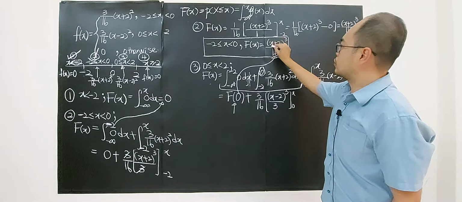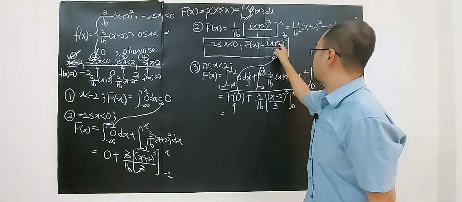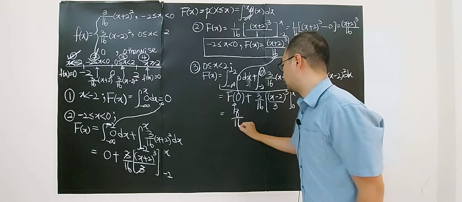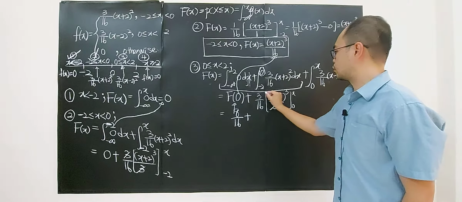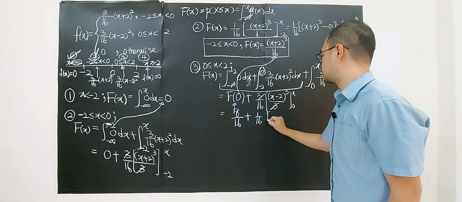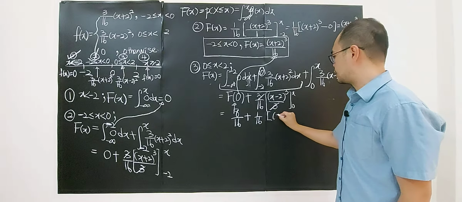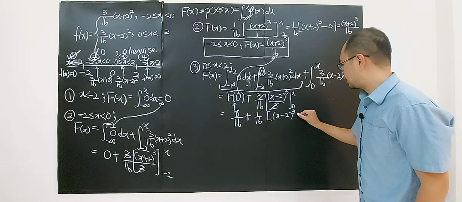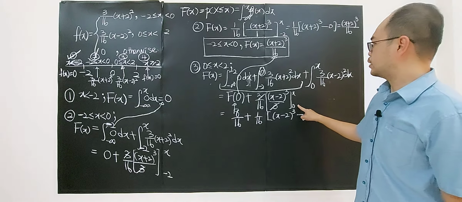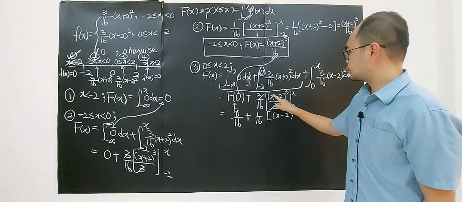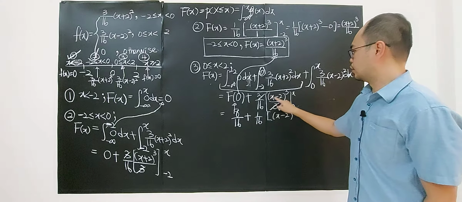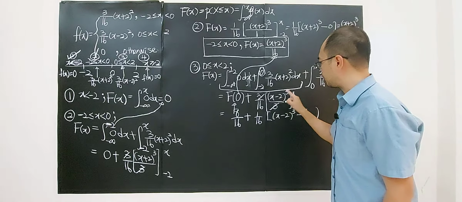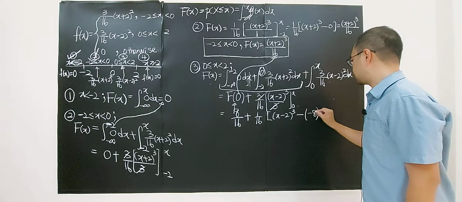If you substitute 0, it will become 0 plus 2, 2 power of 3, which is 8, right? 8 over 16 plus the current one. So this is already cancelled out, 1 over 16, then the x remains the same. You have x minus 2 to the power of 3, minus, can you see the 0 here? You substitute the 0 here, negative 2 to the power of 3, which is actually negative 8, right?